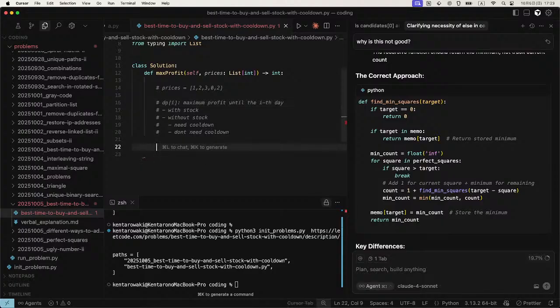So the transition is like, if it needs to cool down, we cannot do anything. Yeah, we cannot do anything.